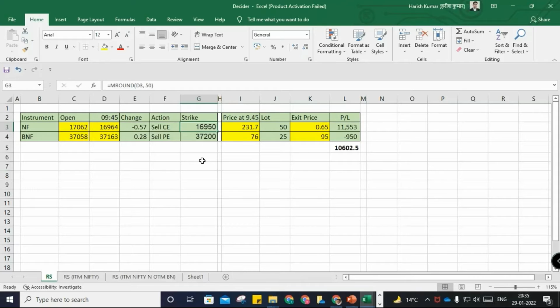We have to play 2 lots every time in Bank Nifty and 1 lot in Nifty. So we'll just sell 1 call option of Nifty 16950 and 2 put options of Bank Nifty ATM 37,200. This is what we have to do.